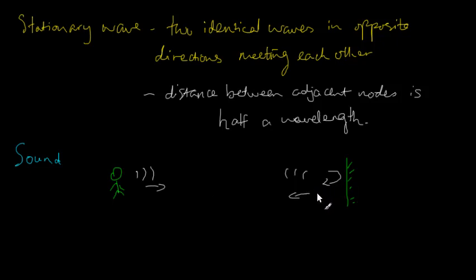Now it is a bit harder to imagine, and you can't see it like on a string. On a string you can see the movement, but a sound wave you can't see. So how do we know if it's actually happening? The way to know is to look for the nodes.